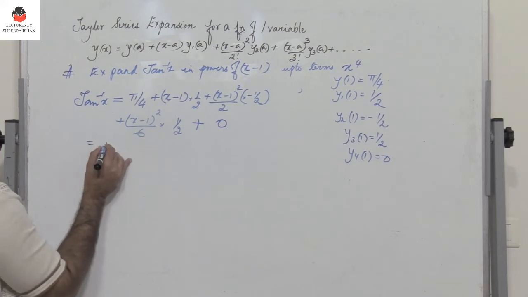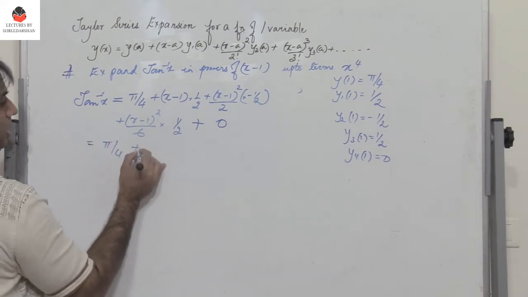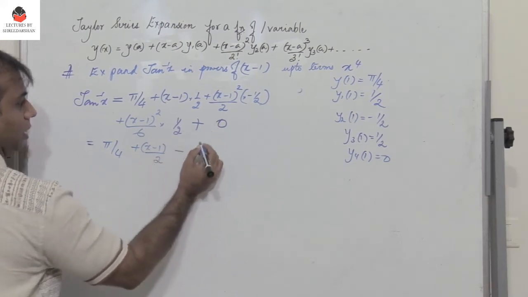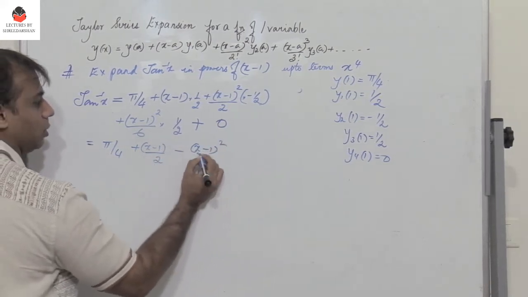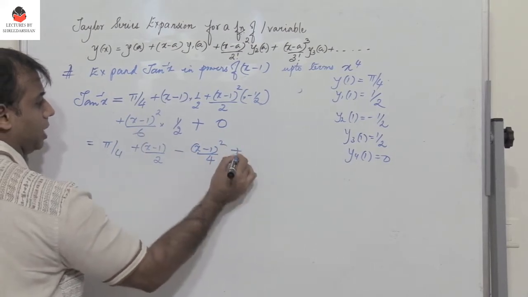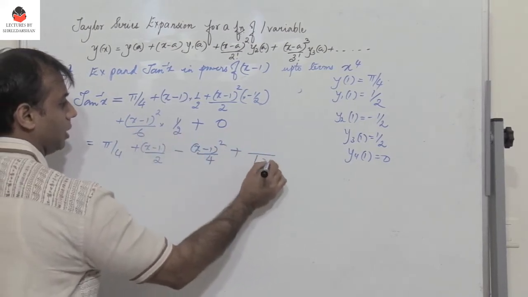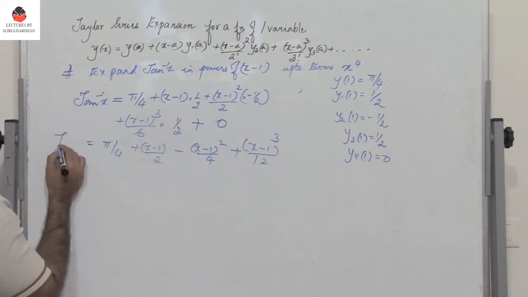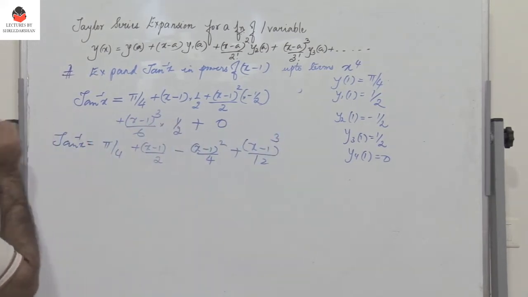So you have pi by 4 plus x minus 1 by 2 minus x minus 1 the whole square divided by 4 plus, so this is 6 into 2 is 12, x minus 1 the whole cube. So this is tan inverse x.